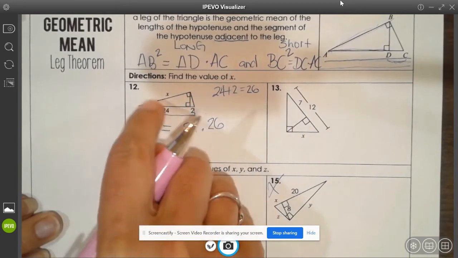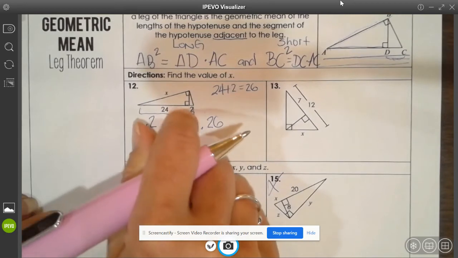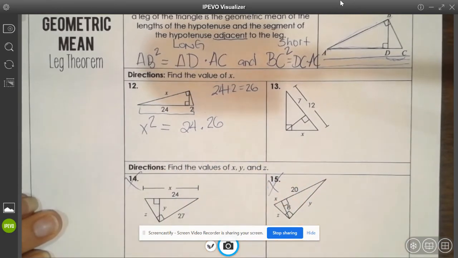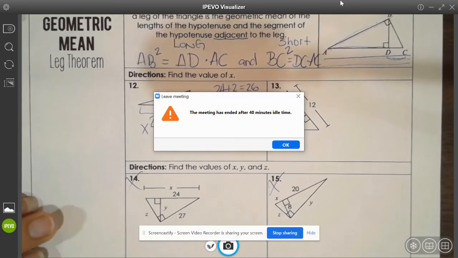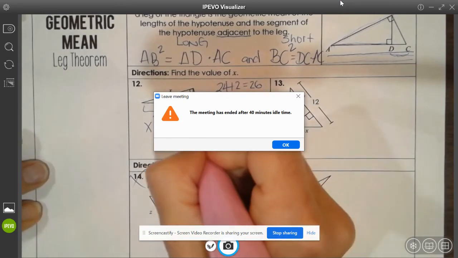So 24 is the adjacent piece to the long leg. So we get 24 times 26. How much is that? 24 times 26 is 624.